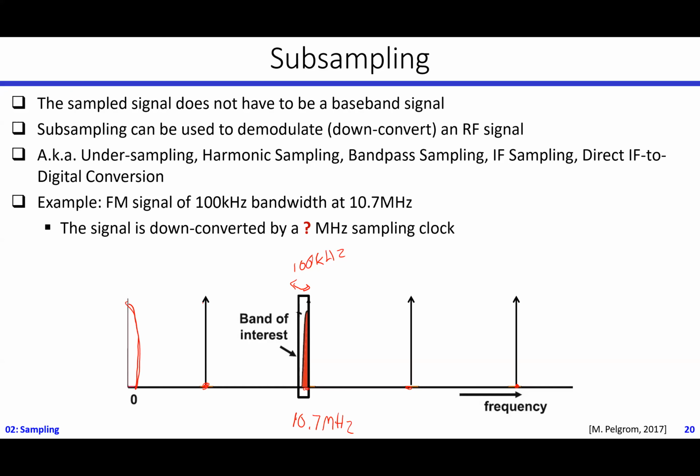And assume that you will have copies of it here as well. What does this mean if it's going to look like this? What should be your sampling clock? I think it should be 700.